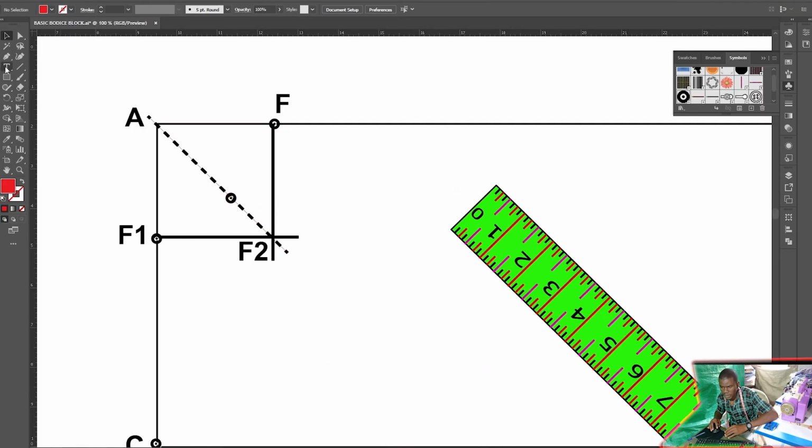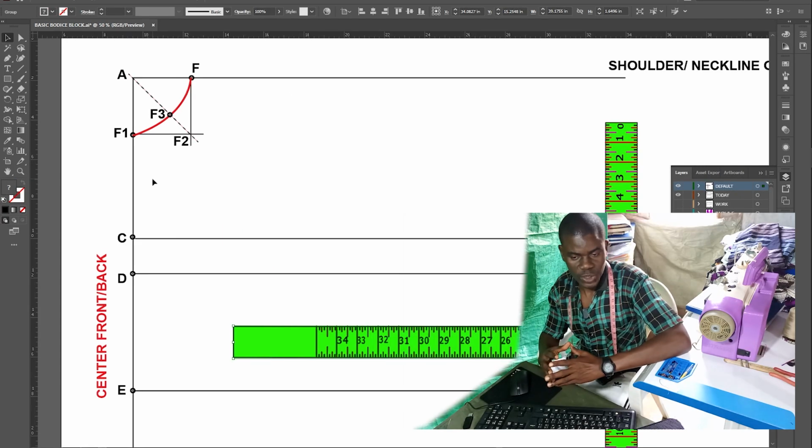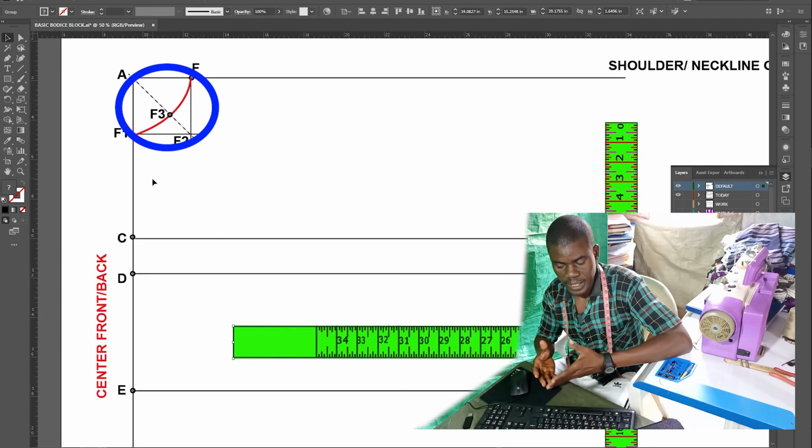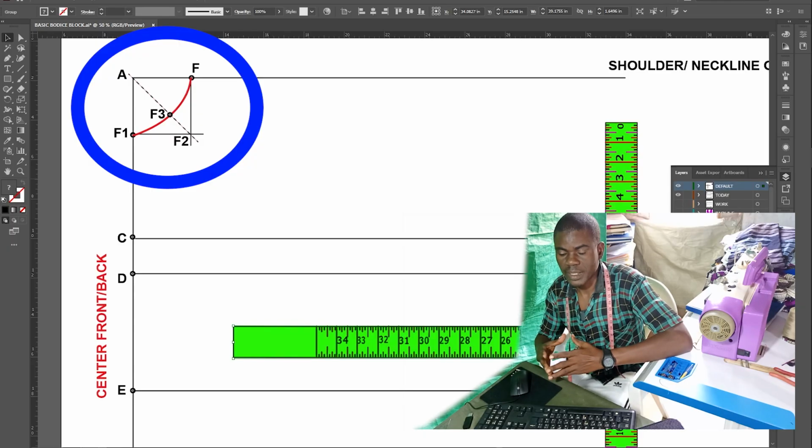Then I label this point F3. Now, using your free hand or a French curve ruler, please connect point F at the shoulder seam to F3 and to F1 with a curved line to create a smooth front neckline shape. Okay, ladies and gentlemen, now we have finished determining our front neckline curve. Next step, that's step 2, is adding the shoulder slope.